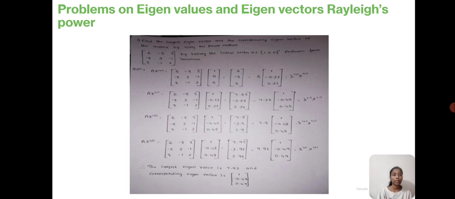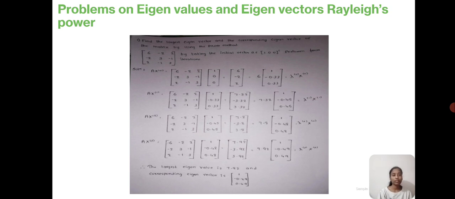By taking the highest value outside and dividing, we get (1, −0.48, 0.48), that is λ²x². Ax³ is equal to the given matrix into (1, −0.48, 0.48), which is (7.92, −3.92, 3.92), equal to 7.92 into (1, −0.49, 0.49), which is λ³x³.